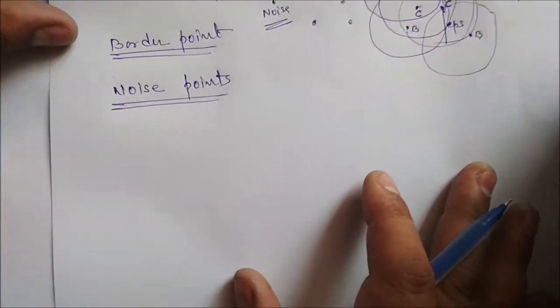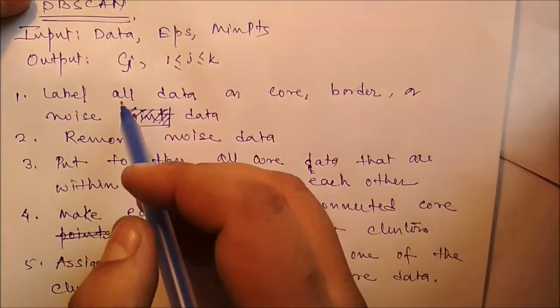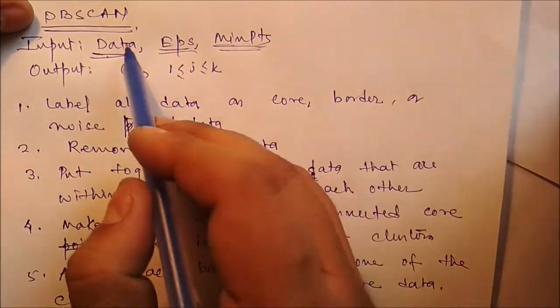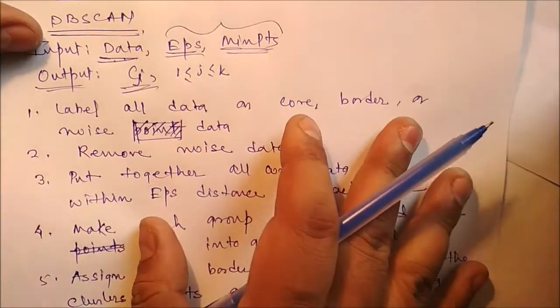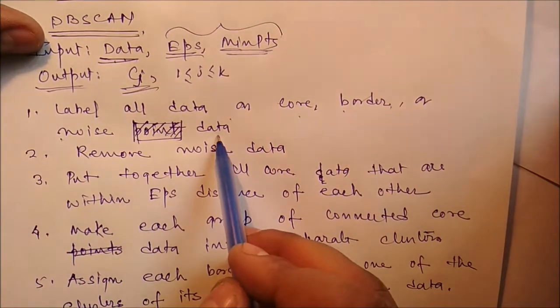Now, how to implement this? The DBSCAN algorithm is very simple. These are the basic steps. The input is the data, EPS and MinPts. The data is the input, these two are the parameters, and the output is clusters. First, label all the data as core, border or noise data.